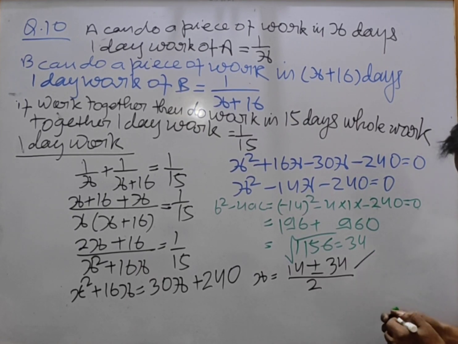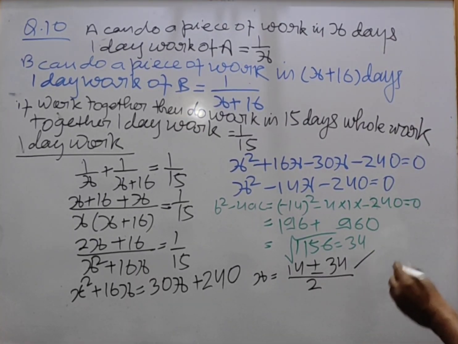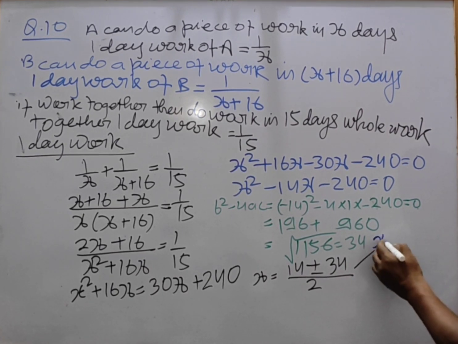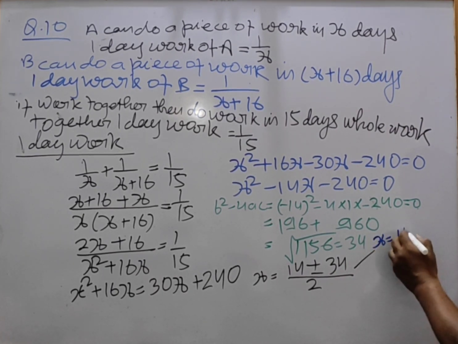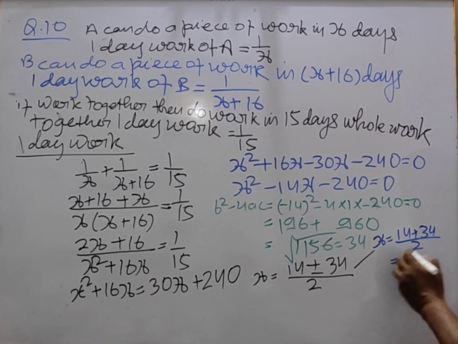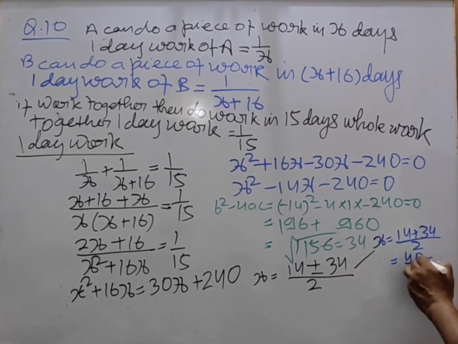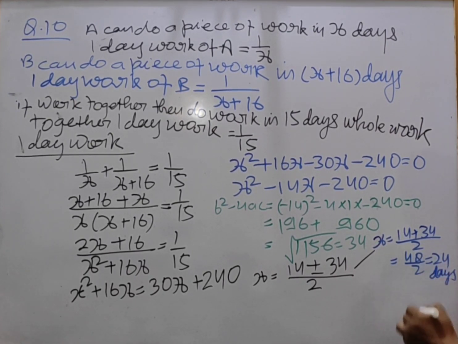One is x equal to 14 plus 34 upon 2, which is 48 upon 2, so it becomes 24 days.